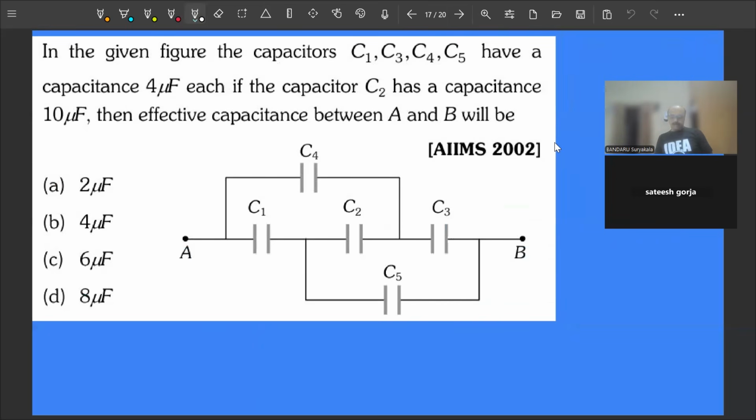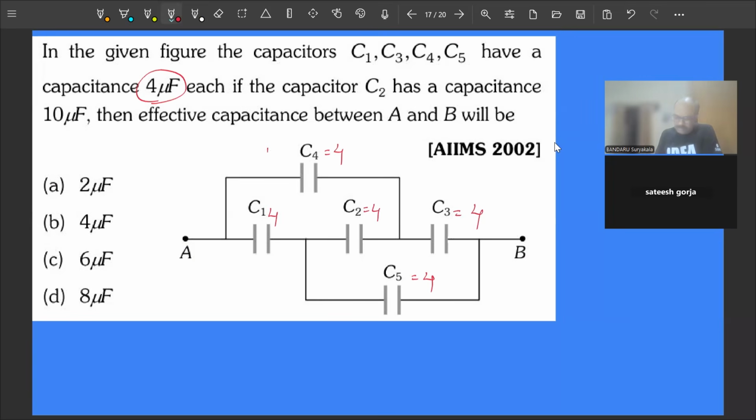In the diagram, if you see the given 4 capacitors, I think it's a repeated model, so no need to solve the problem here. In the problem all are 4. So this is 4, this is 4, this is 4, this is 4. We can use the balanced Wheatstone bridge condition.